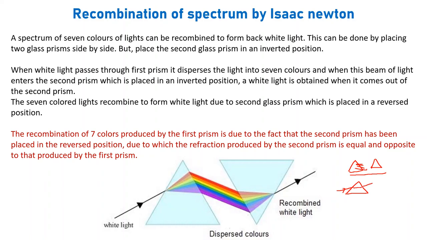Let me draw it properly. He got 7 different colors, as you can see here in the diagram, right? Then, in the second attempt, he put another triangular prism of the same configuration and allowed this light to fall on it.